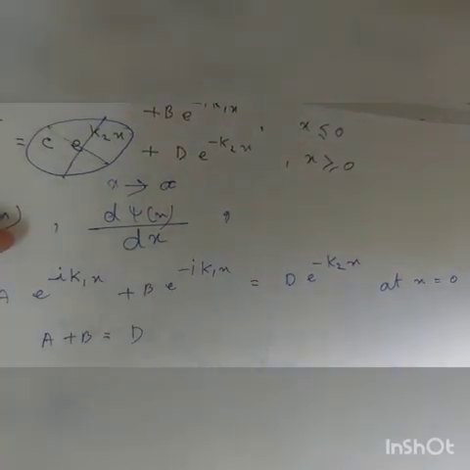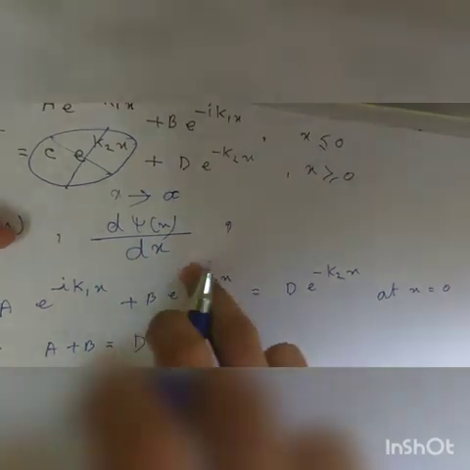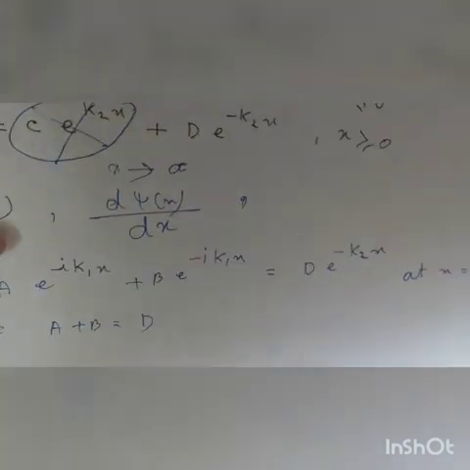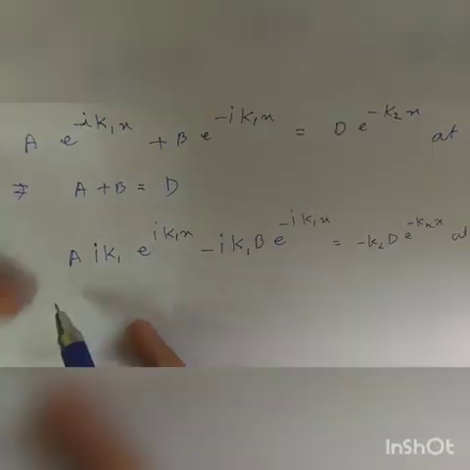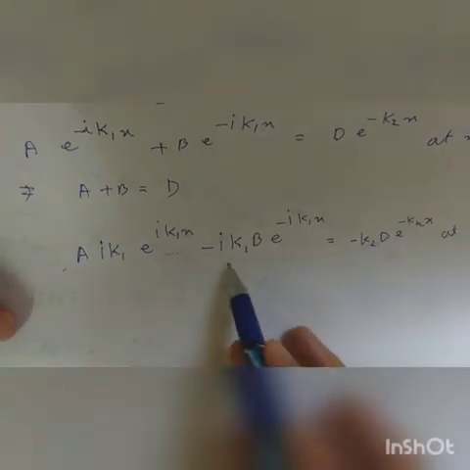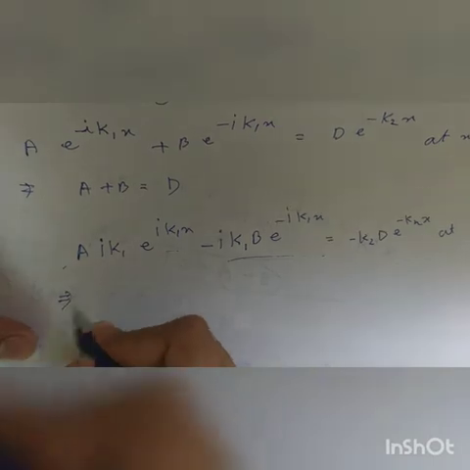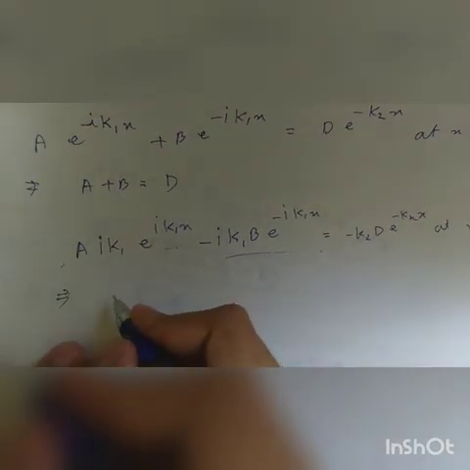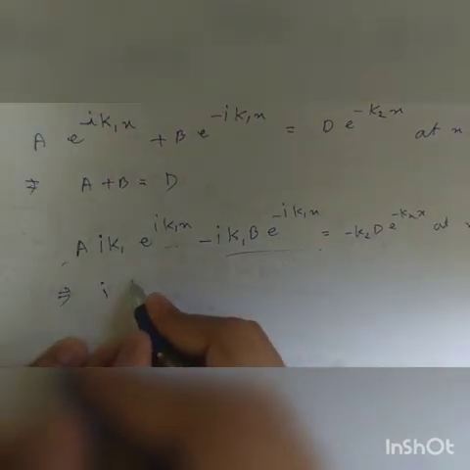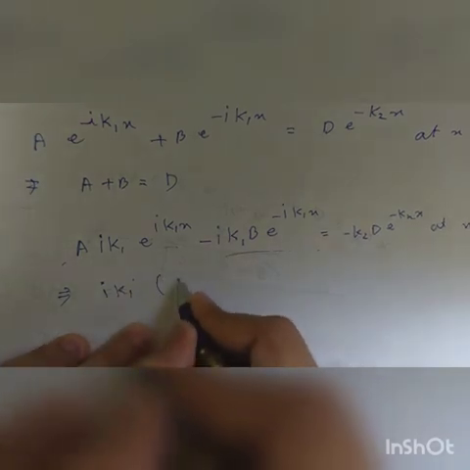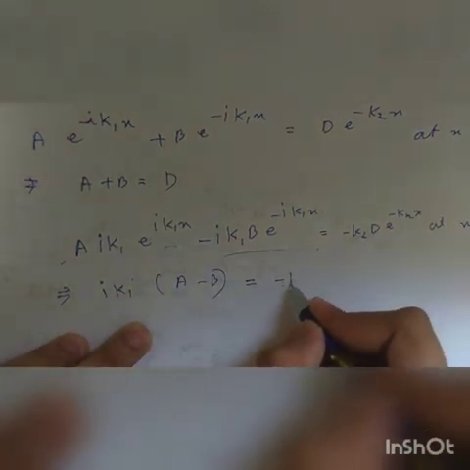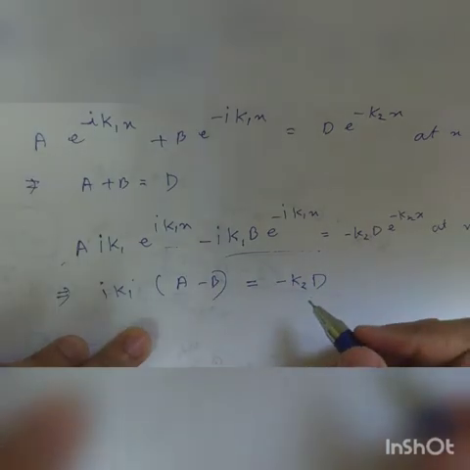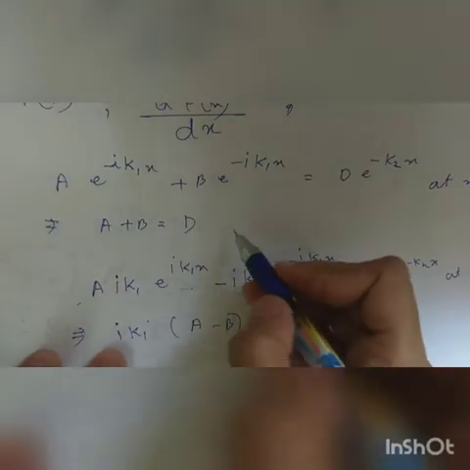Now finding the first order derivative with respect to x and equating at x equals 0, after finding the derivative of every term and putting x equals 0 again, we get i k1 (a minus b) equals minus k2 d. So we get these two equations.